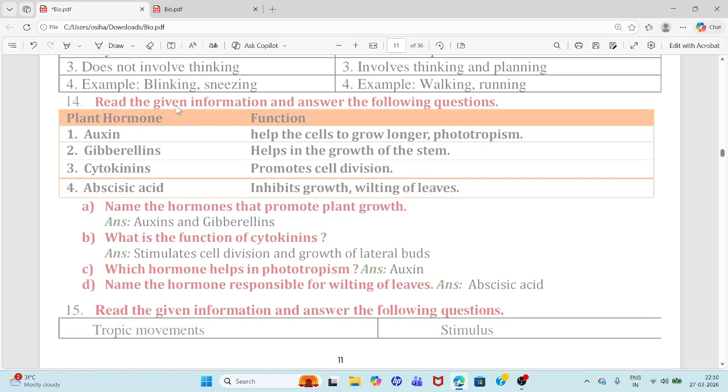Now 14th question. Read the following information and answer the following questions. By reading this, you have to answer these four questions. A. Name the hormones that promote plant growth. Answer is auxins and gibberellins. B. What is the function of cytokinin? Answer: stimulates cell division and growth of lateral buds.